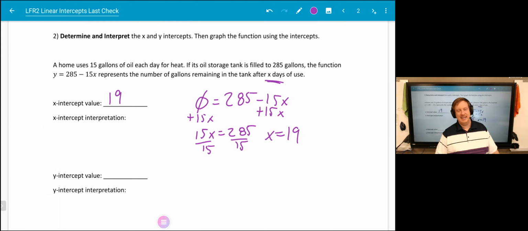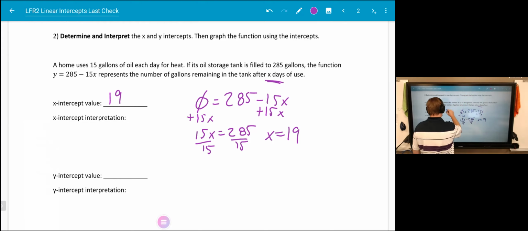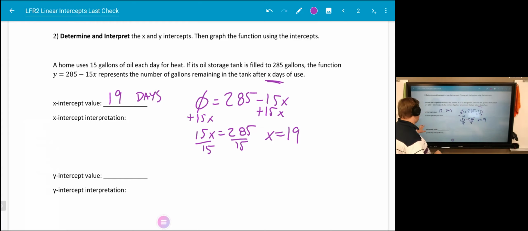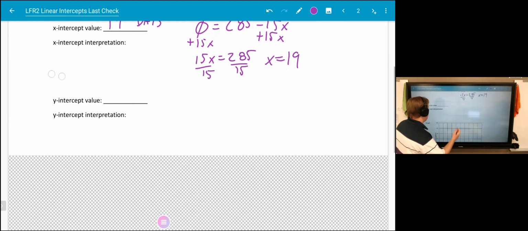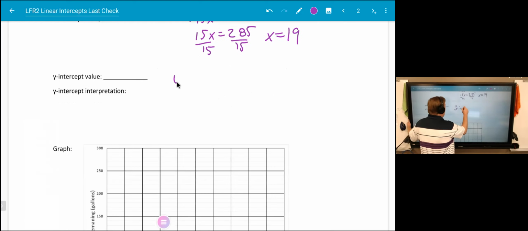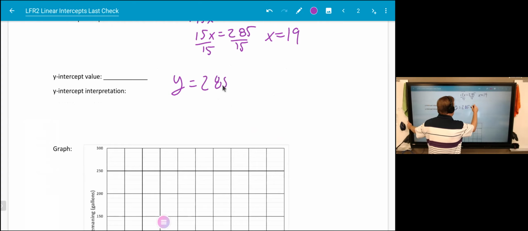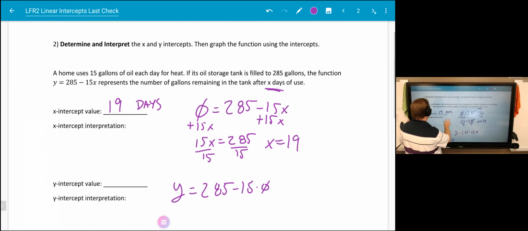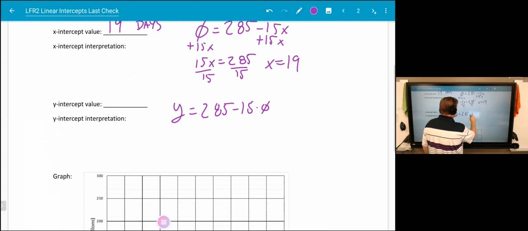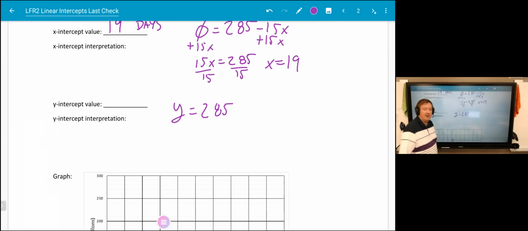Our x-intercept is 19. 19 what? 19 days. I'm going to come back to the interpretation here in a minute after we graph. I think it helps to see that graph first before we interpret. For the y-intercept, again, this is when x is 0. So y equals 285 minus 15 times 0, or just 285, because 285 minus 0 is still 285. 285 what?